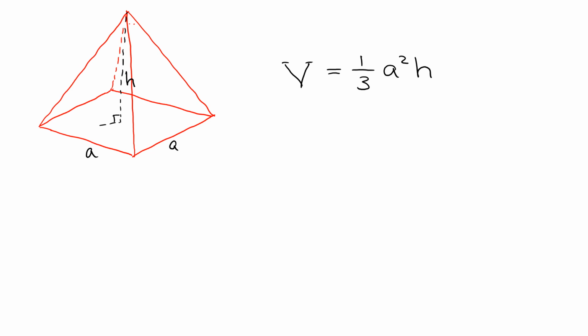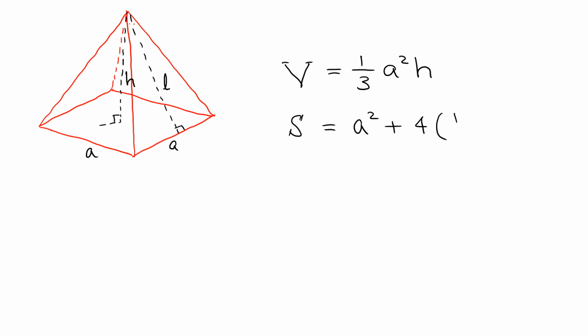If you need the surface area, we're going to find this slant length. We can call this L as before in the cone case. We can simplify the four triangles around, and then the base. So the surface area is a squared, that's the base, and then we have four triangles.